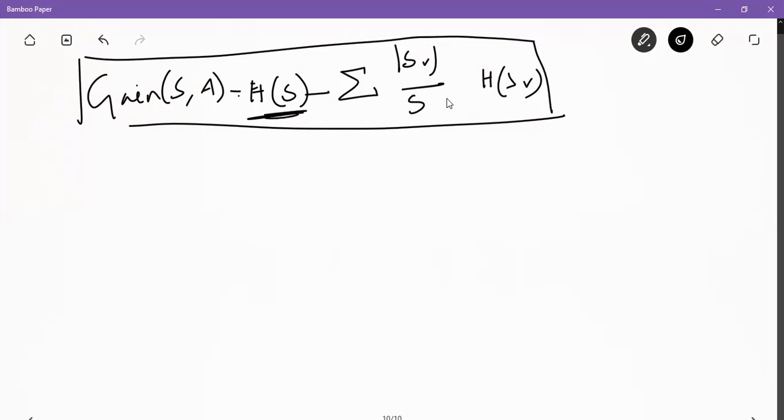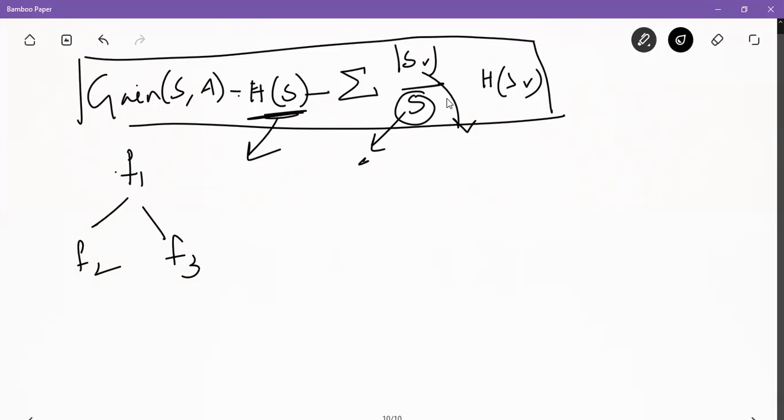H(S) is basically the entropy that we calculated, and S is the total number of samples, and Sv is the subset of samples which we are considering in that particular case. So let's take the case again. We are splitting F1, we are splitting it in this way.